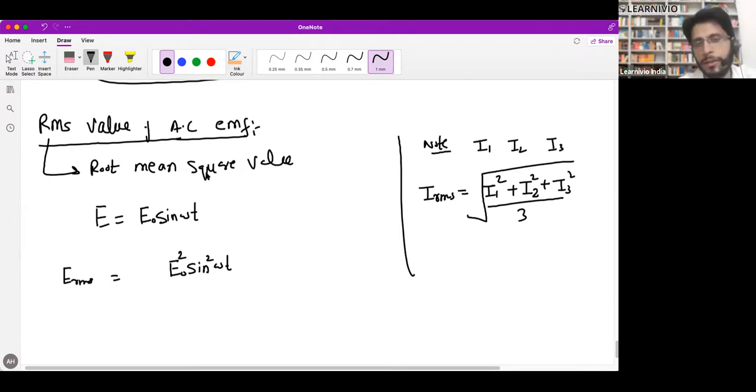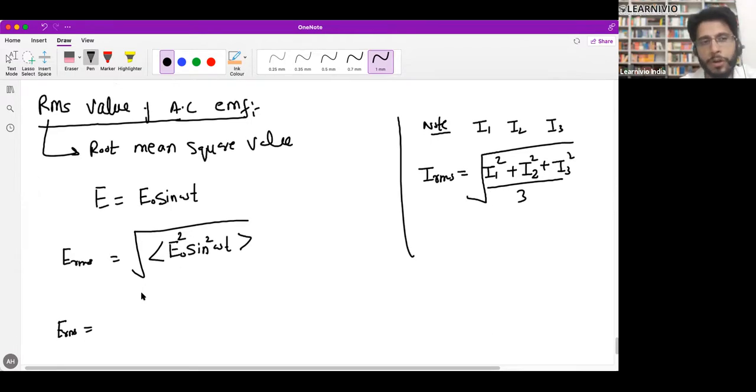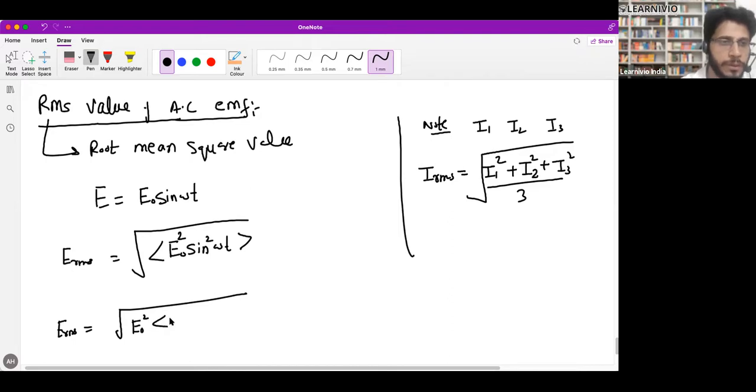Then take mean, and then take root. E naught square is a constant, so you can take it outside. It's root over E naught square. Next, we need the mean of sine square omega t. Let's call this equation number 1.